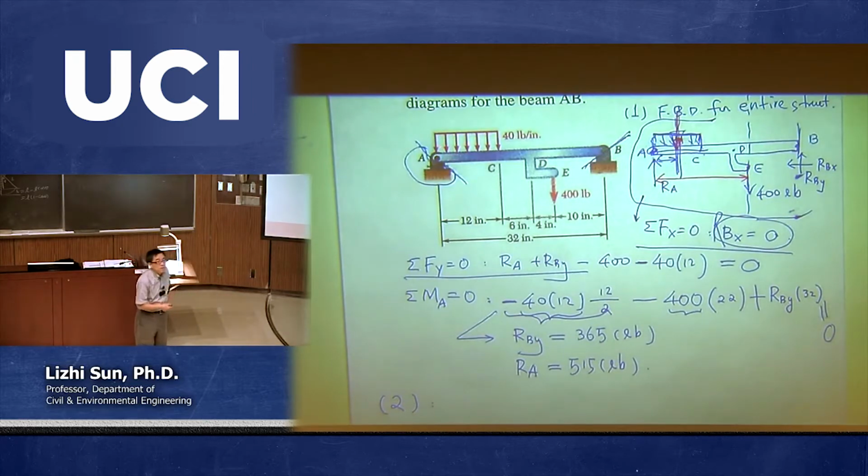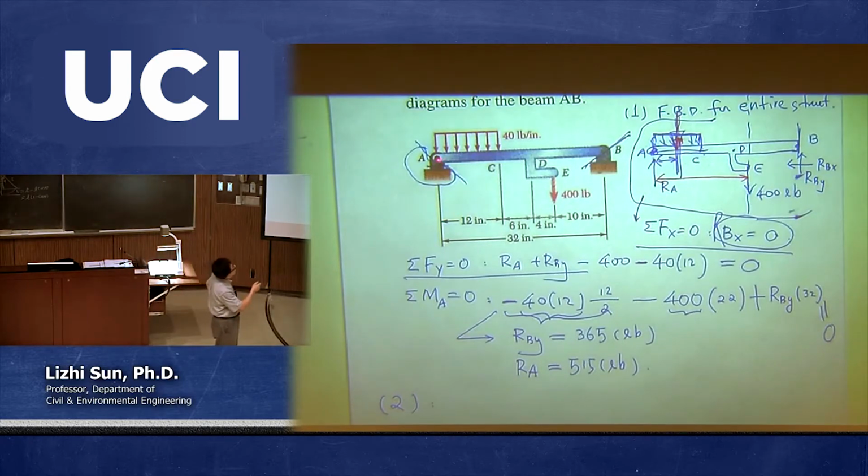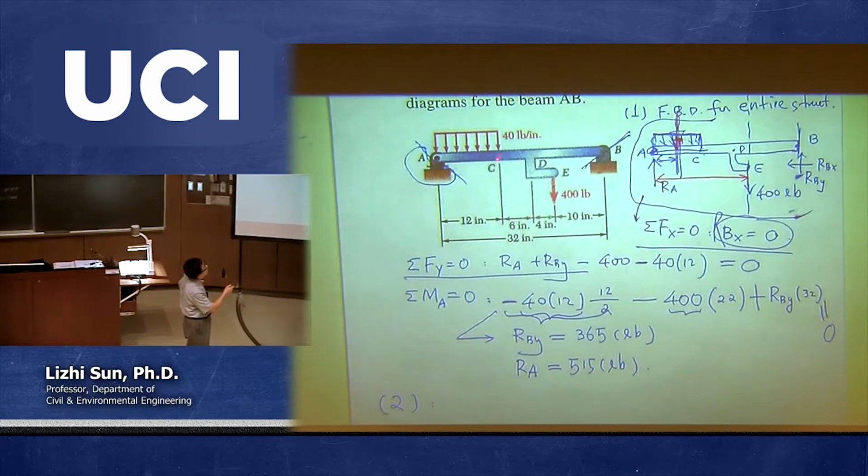So to determine what's the minimum number of cuts, we keep walking slowly from point A to the right. Every time when we move more, there are additional more forces, because this is a distributed load. However, these distributed loads are not discontinuous, because we keep adding a very, very small amount. So it's still continuous.